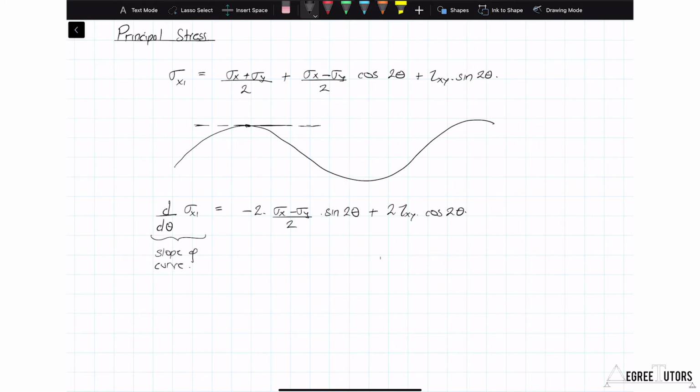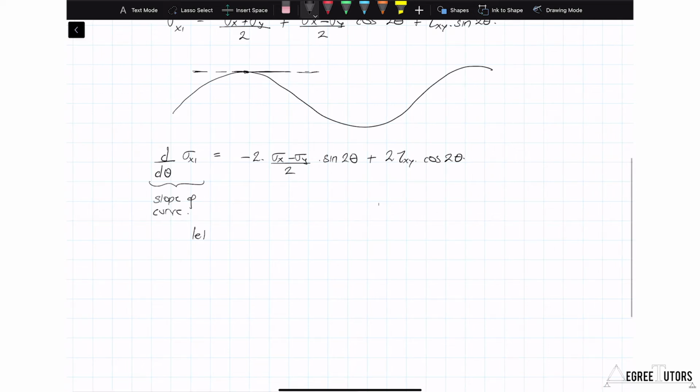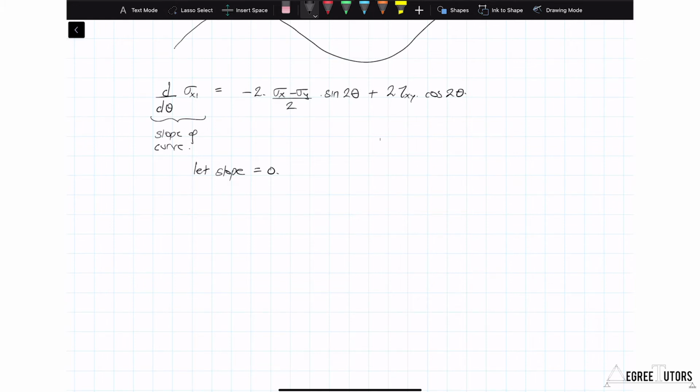What we're going to do is let that equal 0. So let the slope equal 0, and in doing so we're identifying the location of that local maximum in the curve. A little bit of tidying up here, just letting that expression equal 0.